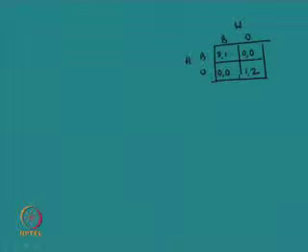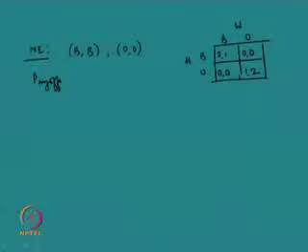So, this is how the payoff matrix looks like, and what is the Nash equilibrium? We shall see that there are two Nash equilibria here. One is BB and the other is OO. Payoffs, it is 2 1 and 1 2.